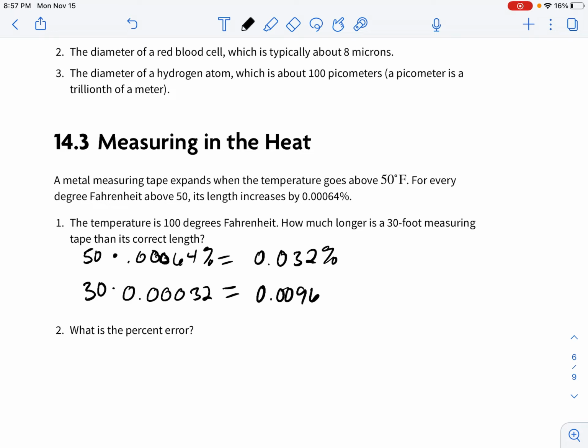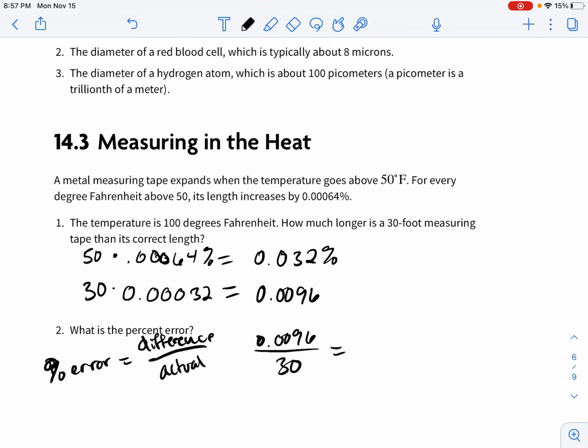Okay, so now to find the percent error, we take the difference here by the actual. So once again, the percent error is equal to difference divided by actual. Our difference is this 0.0096. The actual was 30.